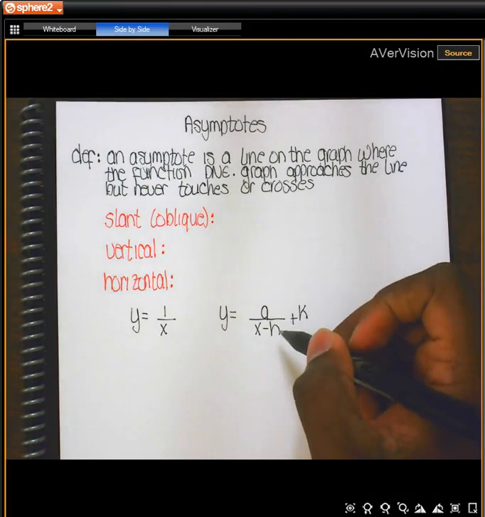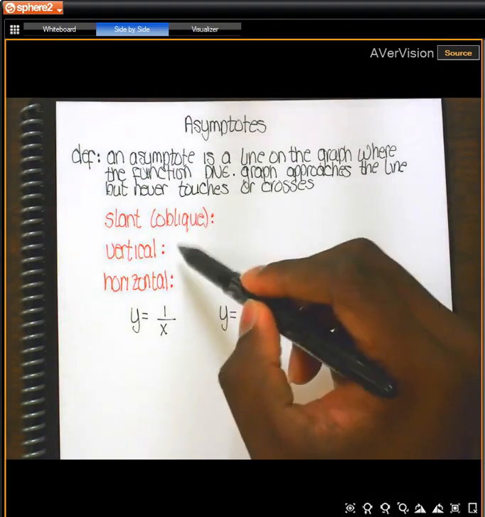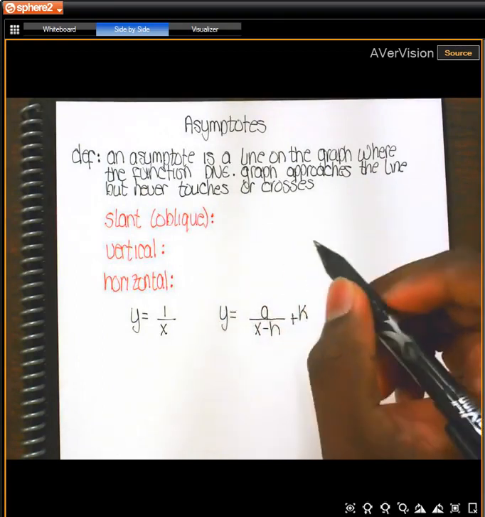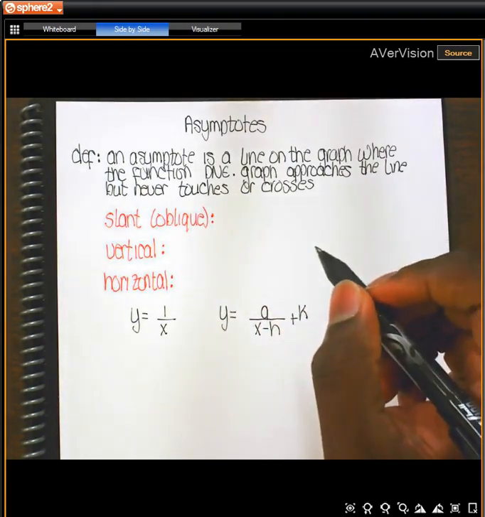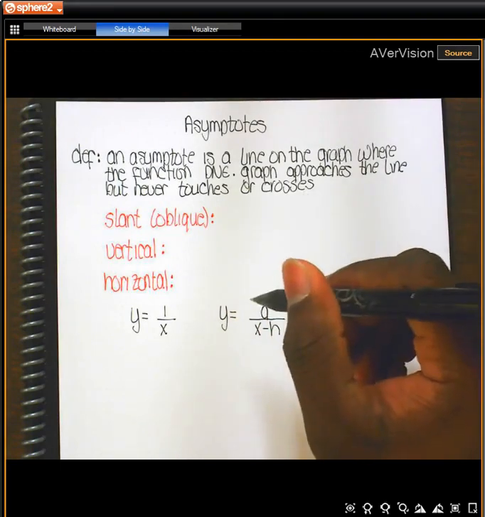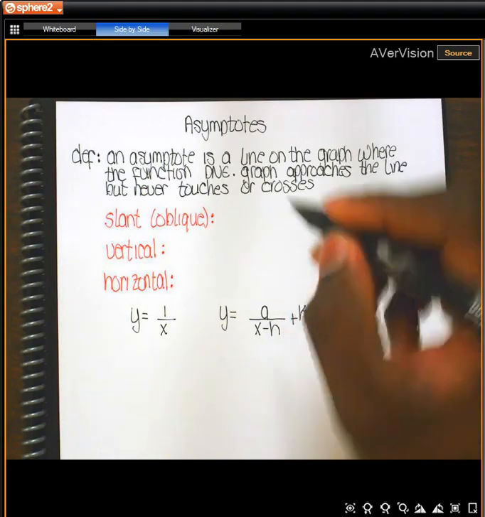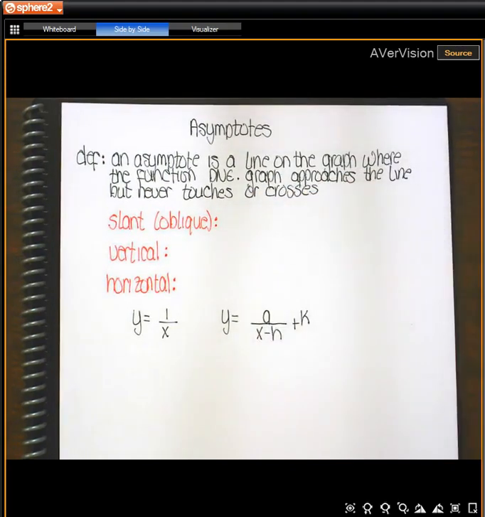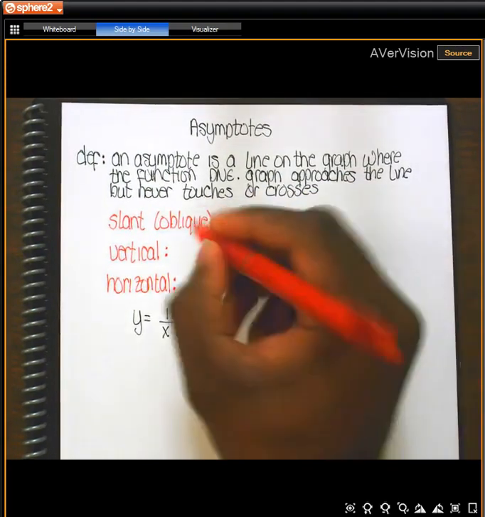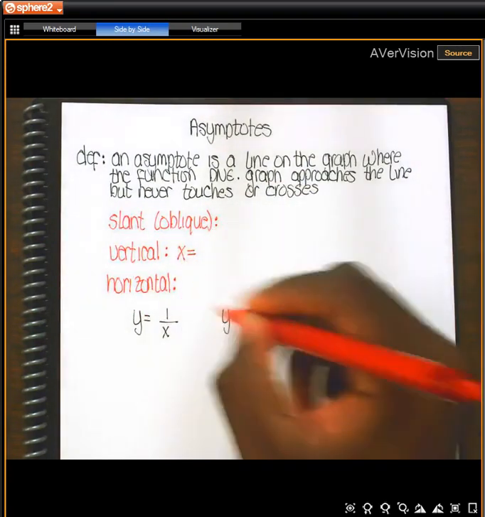The vertical asymptote, do you know what the equation is? Is it x equals or y equals? If it goes vertically, which axis is it going to cross? Yeah, so our vertical asymptote equation starts with x equals. What about horizontal?